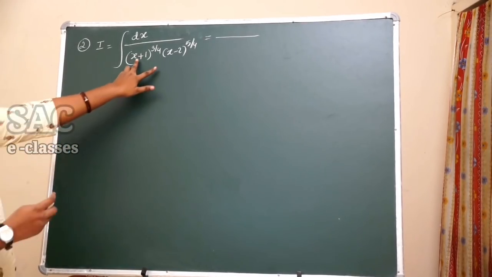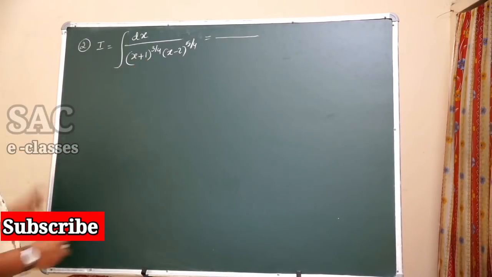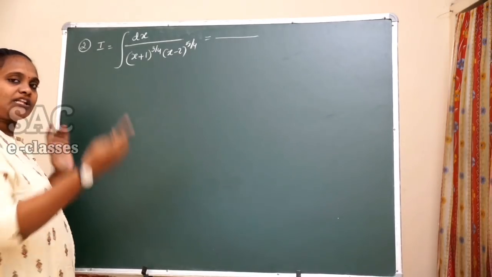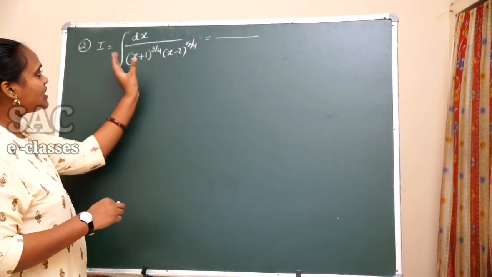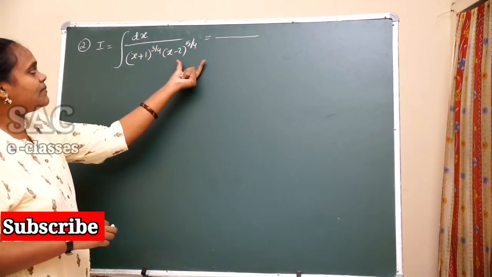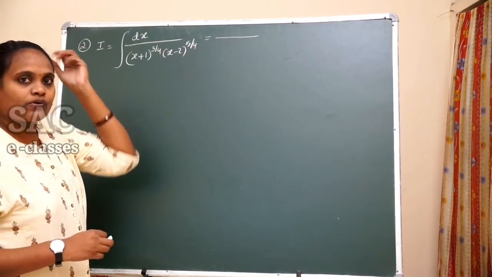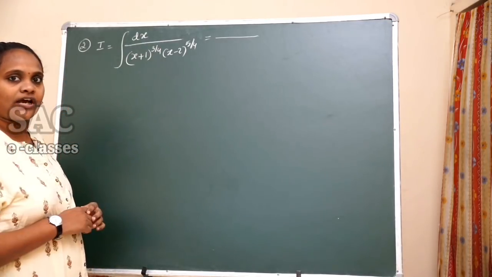The reason is both terms are multiplied with fractional powers. In the previous video we just discussed one algebraic expression with an integral power and another with a fractional power. Here both have fractional powers, so what do we have to do?